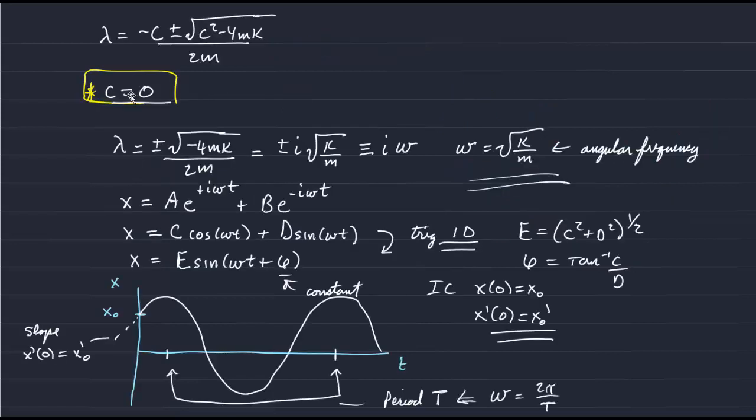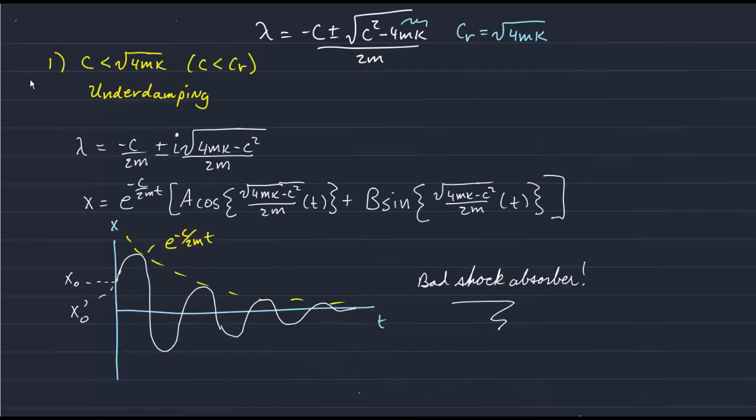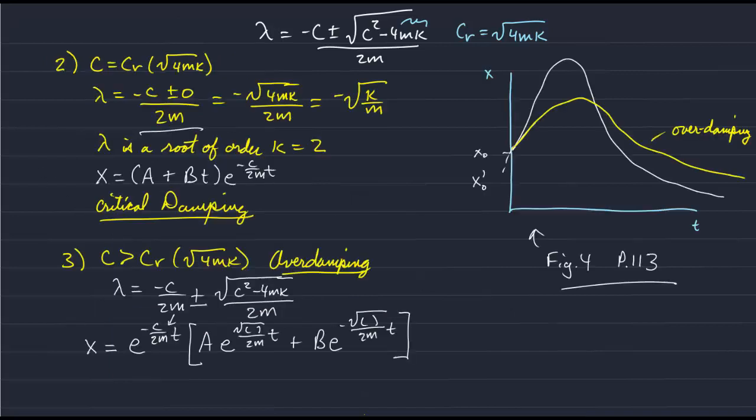If the drag coefficient is 0, then we predict a periodic oscillation that just occurs forever. That mass will bob back and forth forever because there's no drag. If, on the other hand, c is non-zero but less than the critical value, then we get oscillatory behavior, but the amplitude decays to 0, and eventually the mass will come to rest.